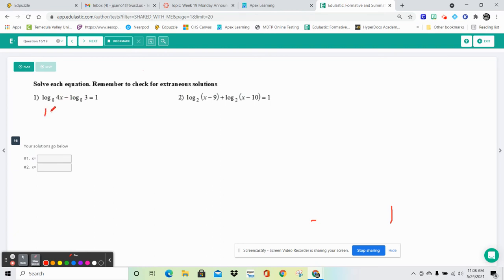So this is just log base 8 of 4x over 3 equals 1. Now I could rewrite it: 8 to the first, which is just 8. So 8 equals 4x over 3. Multiply both sides by 3/4, and x equals 6.